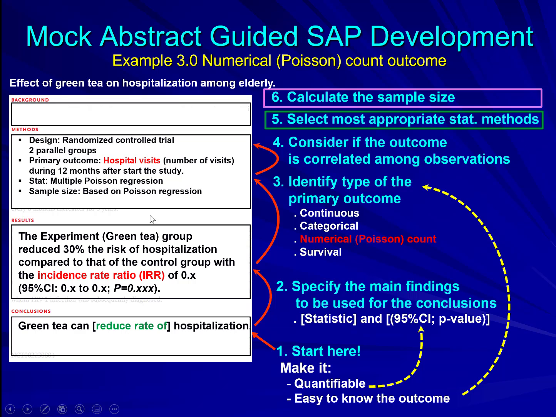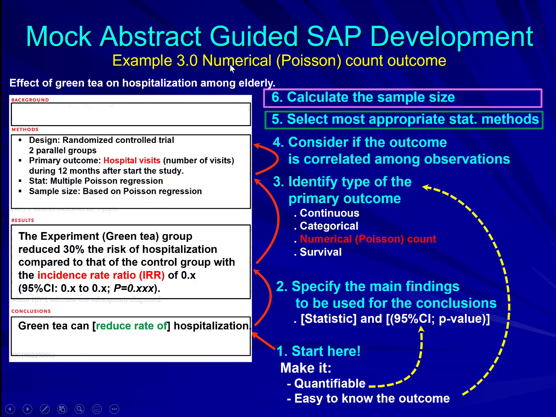We can say rate here because it is the number of hospitalizations combined for everybody in each group, divided by the person-time under observation. During 12 months, some may be observed only half a year because they were lost to follow-up, for example. If we use the person-time as the denominator, not just the person, then this is the rate.